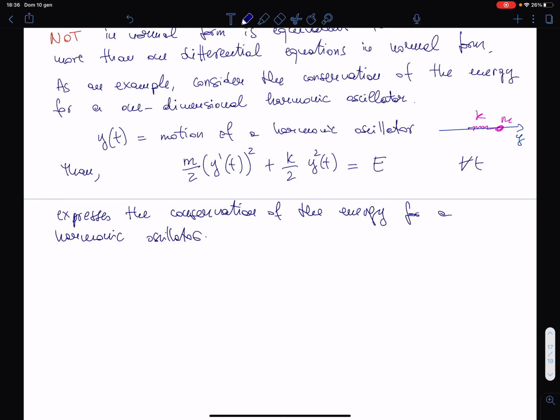But mathematically, this is a differential equation because it is an identity that involves an unknown function y and y prime, a derivative of it.